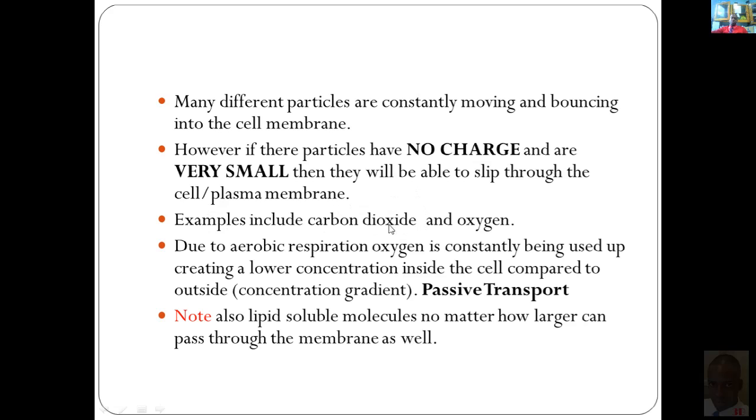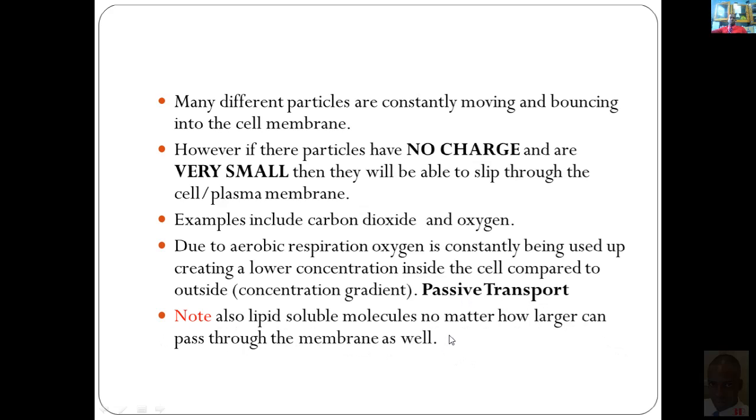However, if the particles have no charge and are very small, then they will be able to slip through the plasma membrane. So particles that are extremely small and have no charge can slip through the membrane.